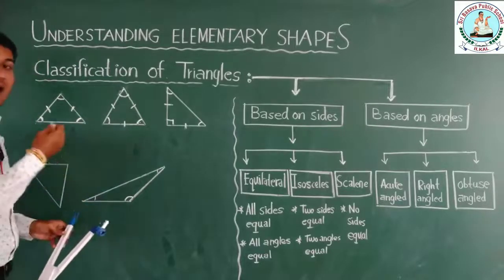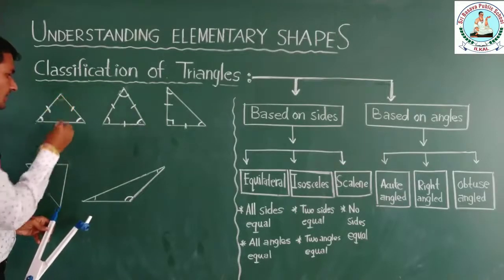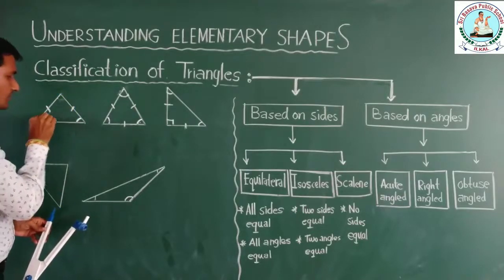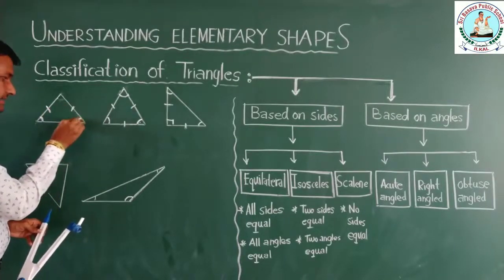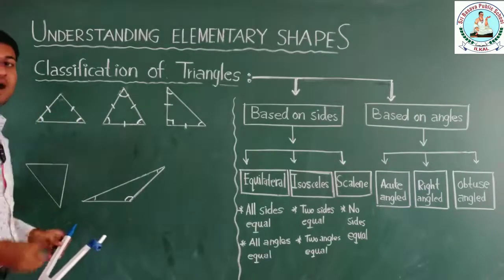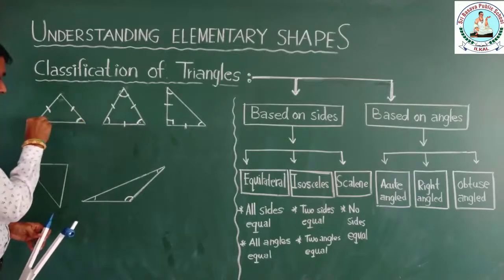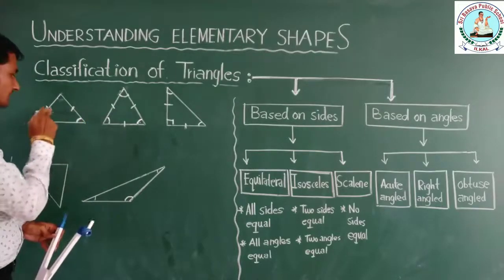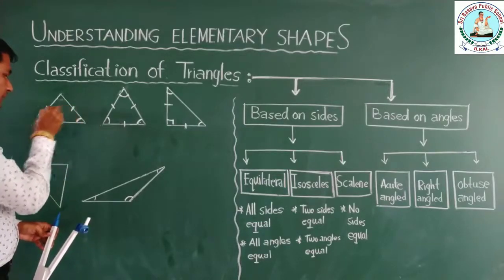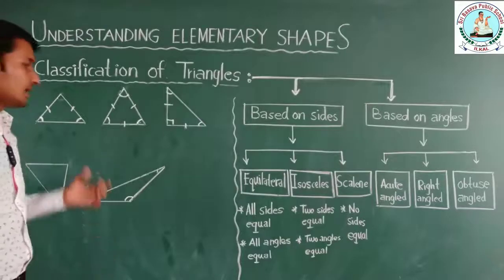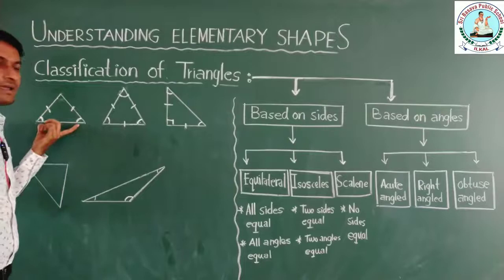Then when you look at the angles of this triangle separately, the angle exactly opposite to this side and the angle opposite to this side are also equal, which means if this angle is 30 degrees, then this angle will also be 30 degrees, because their sides are equal. That is why the angles corresponding to those two sides are also equal. So in the first triangle, two sides and two angles are equal.